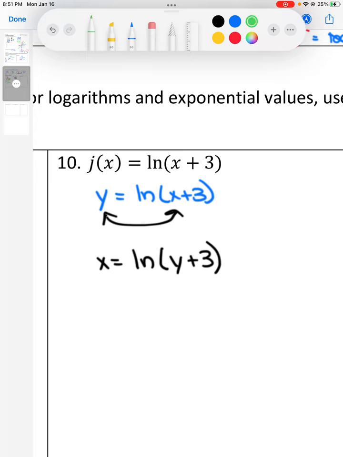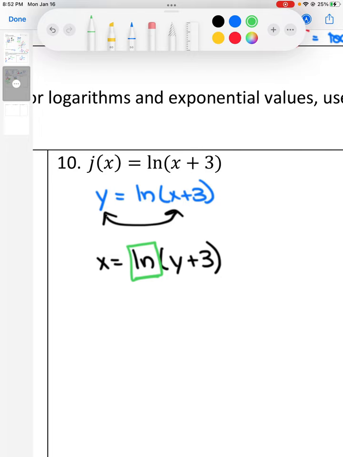Okay, how do I get rid of a logarithm? You raise it to an exponent. Opposite of a logarithm is an exponent. Well, what base am I going to use? What's the base on this logarithm? It is e, right? It's a natural log.